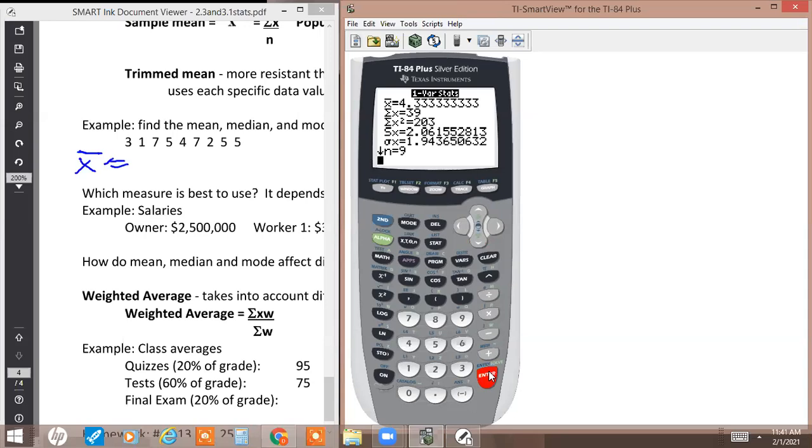Well, approximately. All right, we want the median. I'm going to arrow down and find something called median, MED. The median is 5.